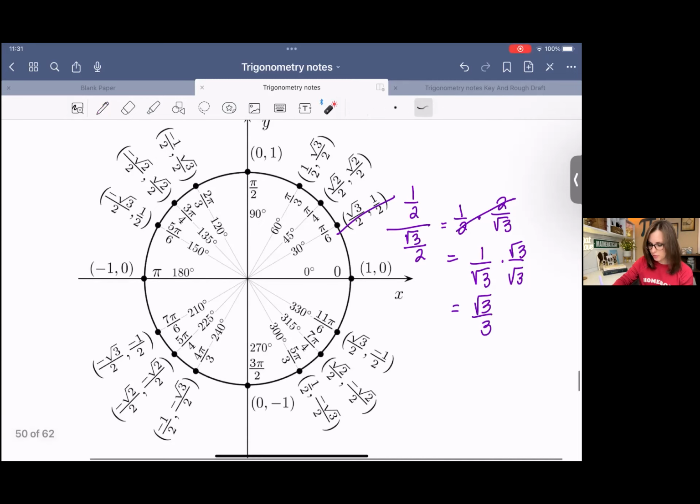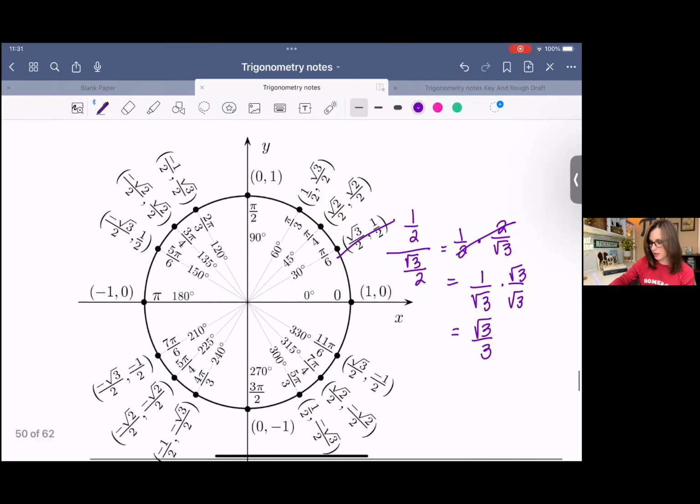I don't even have a root 3 right here, so I don't really need to focus on that. By process of elimination, I know it's going to be this one, but I do want to show you algebraically how we get there. We take the y value and divide it by the x value, flip the second, and multiply, and we get that root 3 we're looking for.